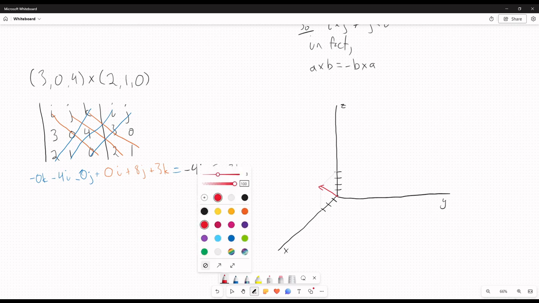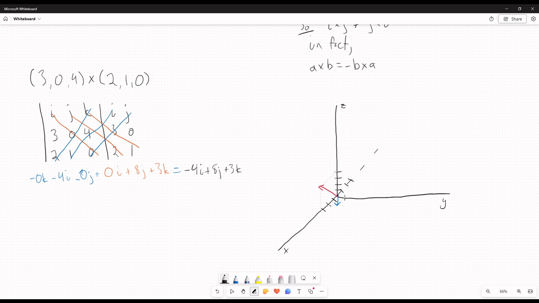So let's go back to our black pen. We'll have 2, 1, 0. So we'll need to have the 1 there. So we'll have one vector going like this. And then our next vector is kind of really big. So this one will be negative 4i, so we'll need to have a little bit in the negative direction. So we'll have 1, 2, 3, 4.